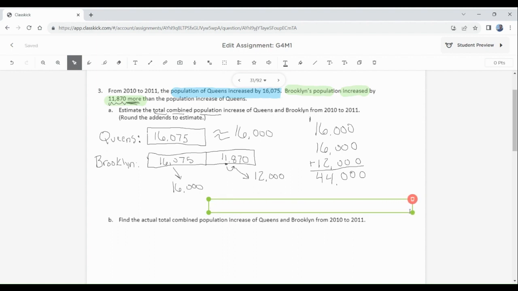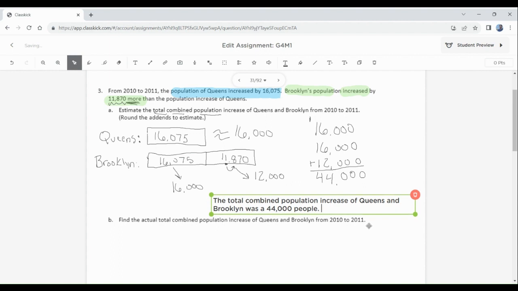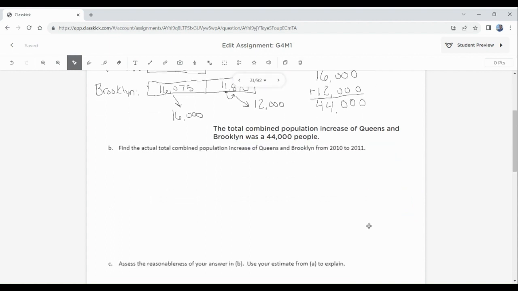So we could say the total combined population increase of Queens and Brooklyn was about 44,000. And when we're talking about population, our unit here would be people. So about 44,000 people moved into either Queens or Brooklyn.